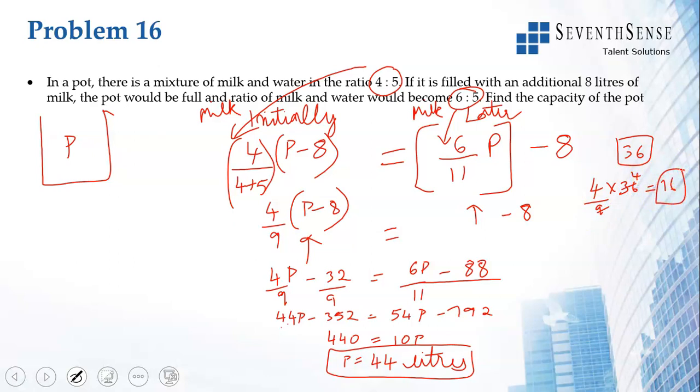So we had 20 liters of water initially. Now I add 8 liters of milk, meaning this became 24 liters of milk. Water remains 20 liters. Is this in the ratio 6:5? 24:20 is 6:5. So our answer is indeed correct.